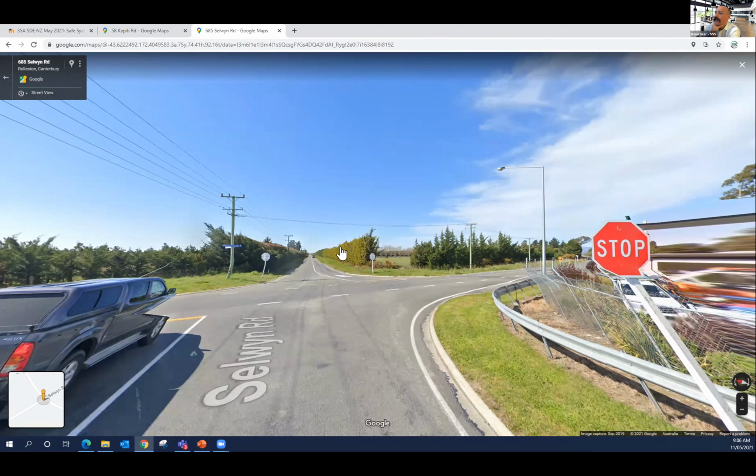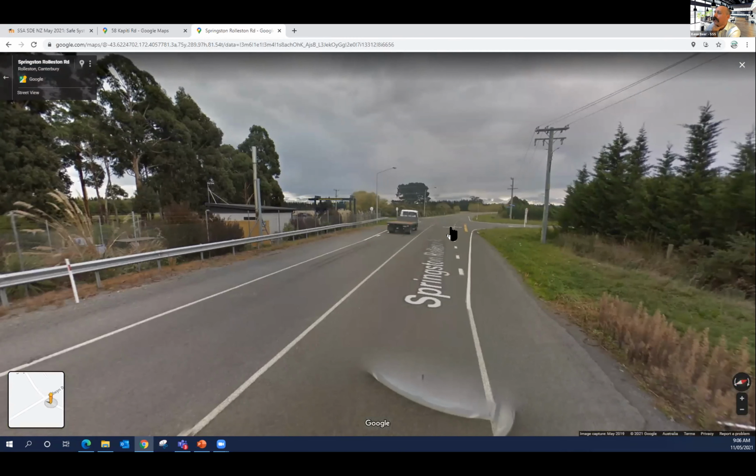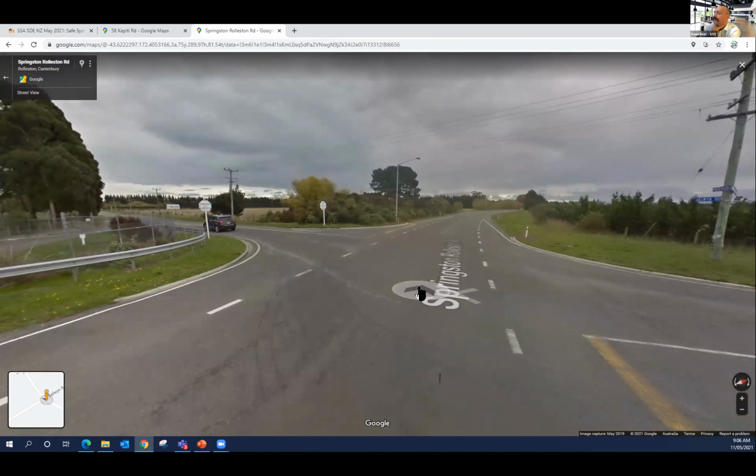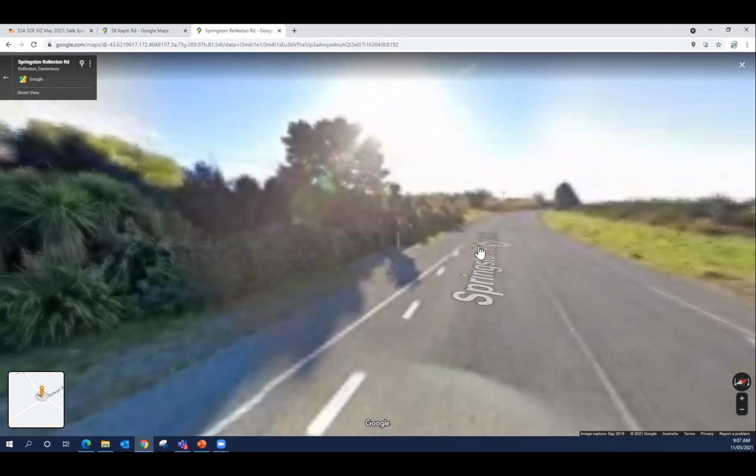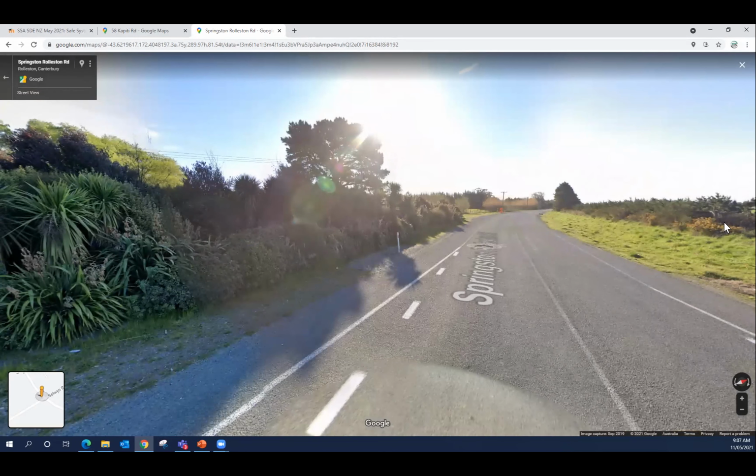Mark, tell me what sort of things do you think were influencing the exposure to crashes at this intersection? Well, there's a couple of things. In Rolleston, there's been a lot of growth over the last few years. So while this is Street View from 2019, I think, a lot of the vegetation on the fence lines is changing.